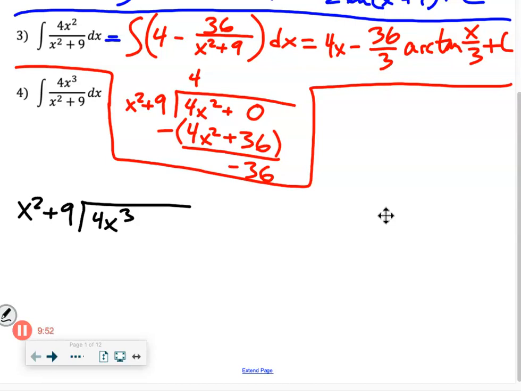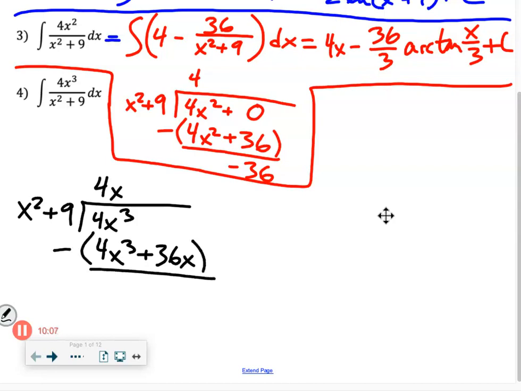What do I have to multiply this by to get this? 4x. Now I distribute the 4x times the whole divisor. So I get 4x cubed plus 36x. I have to subtract. I need a placeholder, so I'm going to put 0x because I have 0 x's on that guy. Subtract down, I get 0 minus 36x.